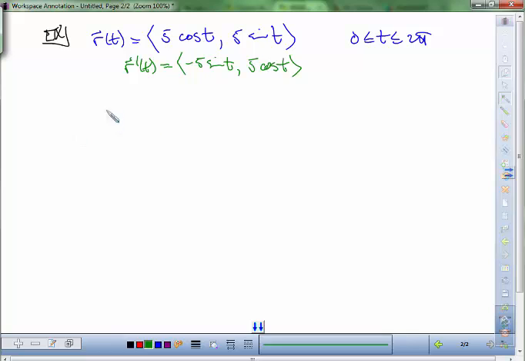And then we want the magnitude of that. So we got 25 sine squared t plus 25 cosine squared t. And, well, look, that's just equal to 5, square root of 25, right?